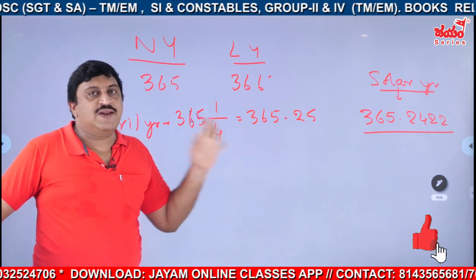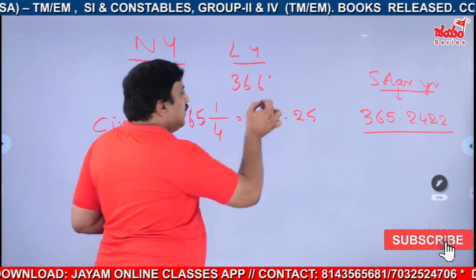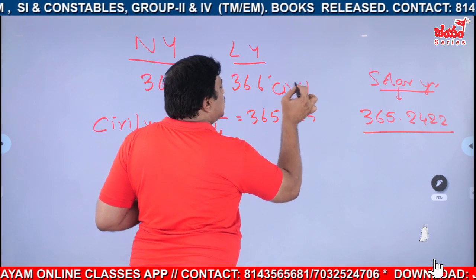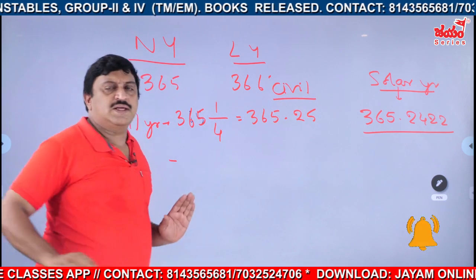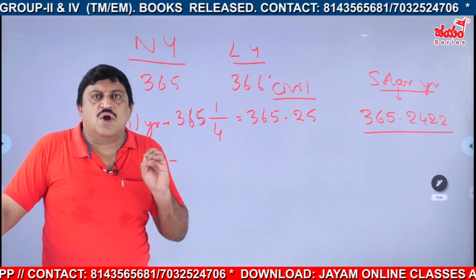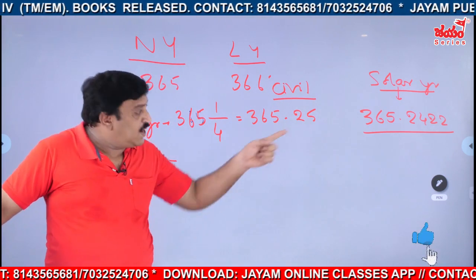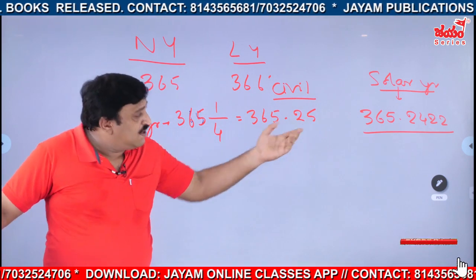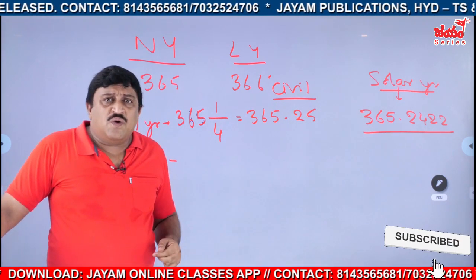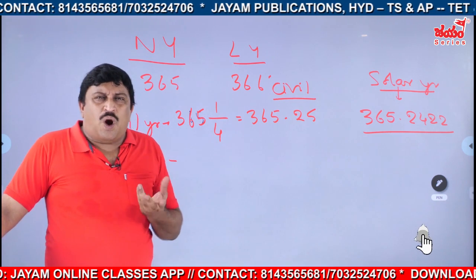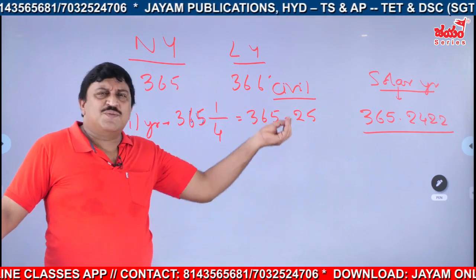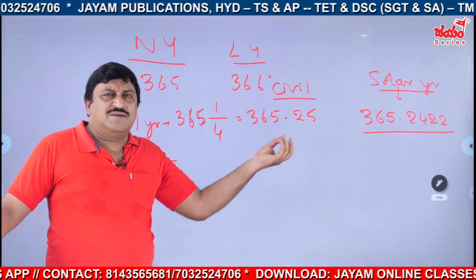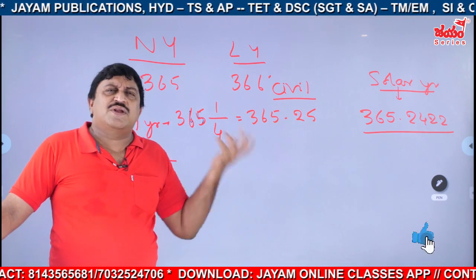365.25 is the civil year. Civil means civilians. The civil year is what we take as normal. We have taken it like this. But it is actually 365.2422. What is there in this one? It's just a small error, 0.00 something.